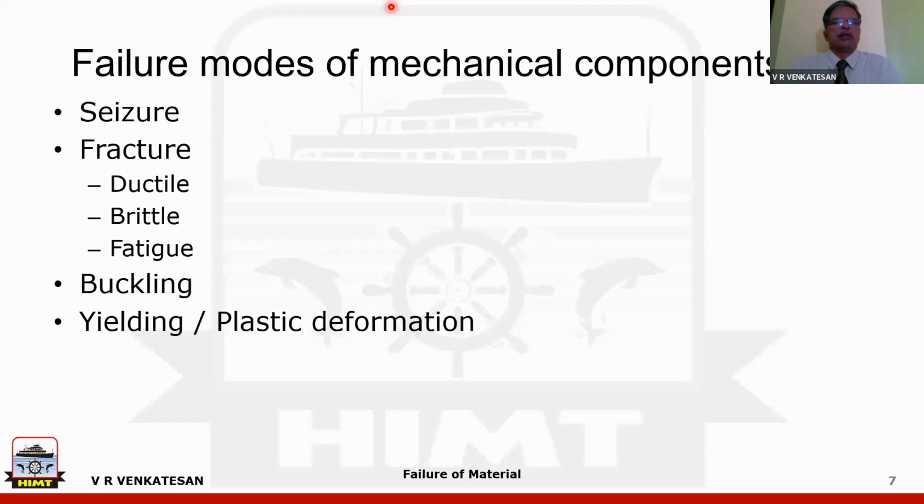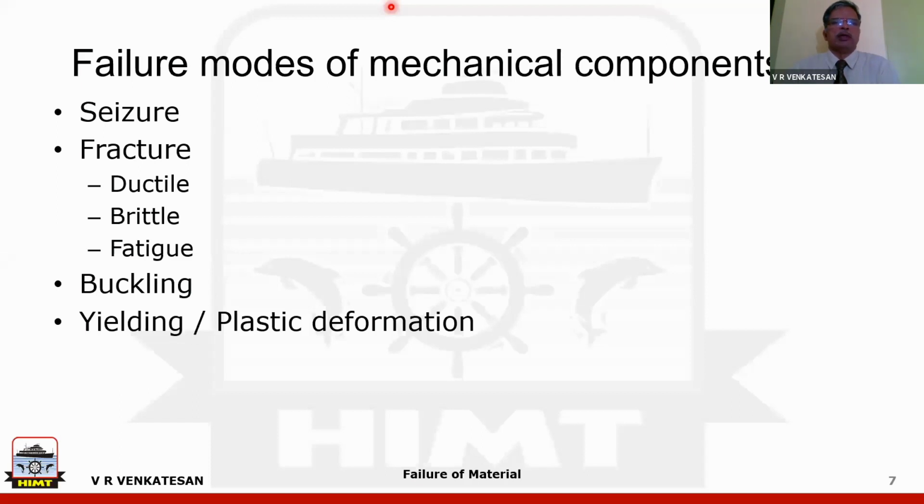Everyone understands the difference between elastic deformation and plastic deformation. What is the meaning of elastic deformation? Stress is proportional to strain, and the component will come back to its original position once the force is removed or the stress is relieved.